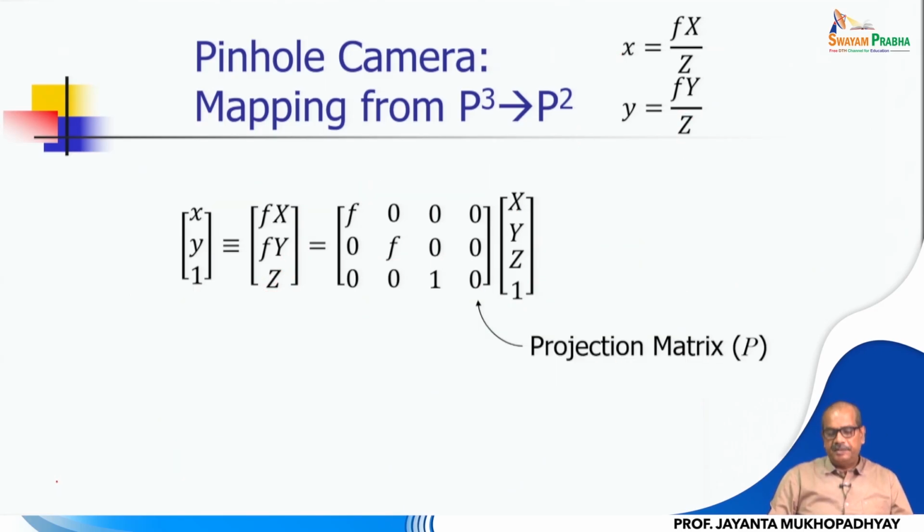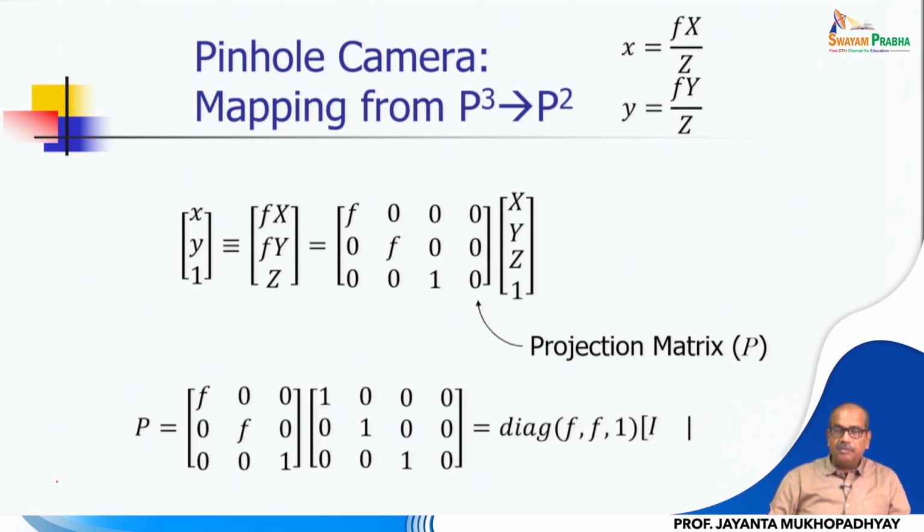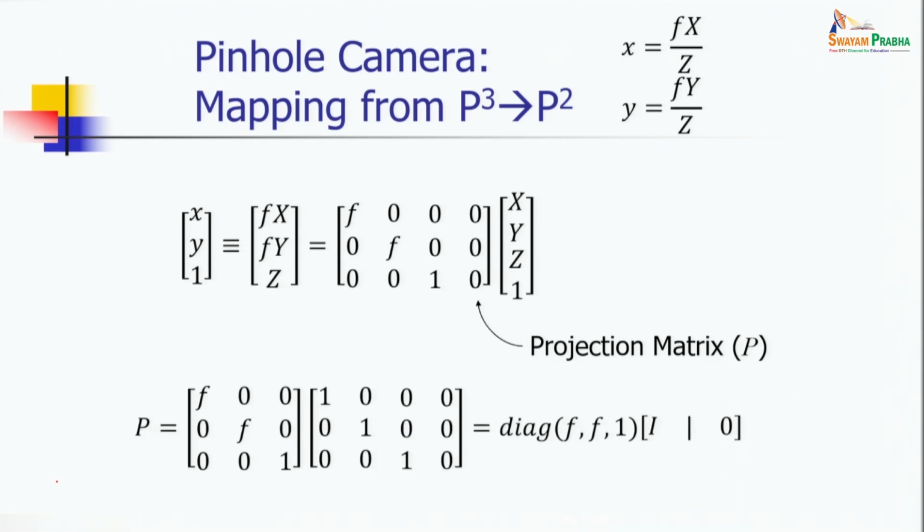So, as I mentioned, this is the projection matrix. Now, we can represent this projection matrix as a product of two matrices. We can factorize this projection matrix into two components. You see, this part is a 3 cross 3 matrix, and this part is a 3 cross 4 matrix of the same structure as the projection matrix.